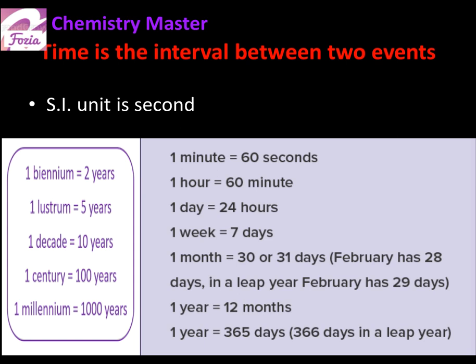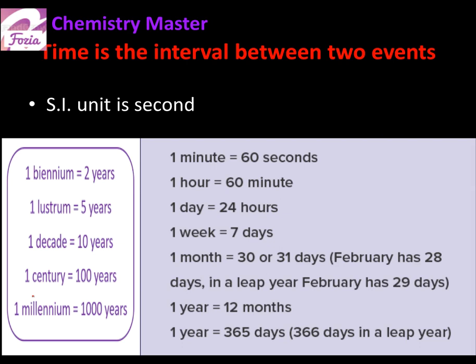Time was defined as the interval between two events. It means time helps us to compare the happenings of things. In a chemistry experiment, time is usually recorded to the nearest second, just to observe how long the reaction or the chemical change takes to happen.